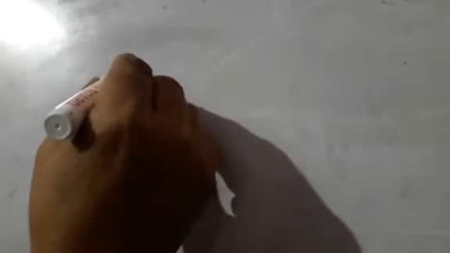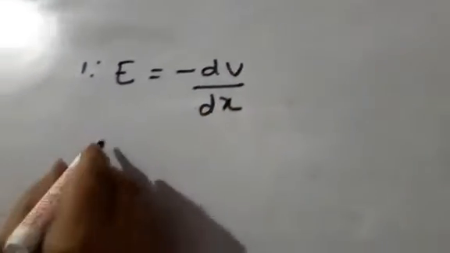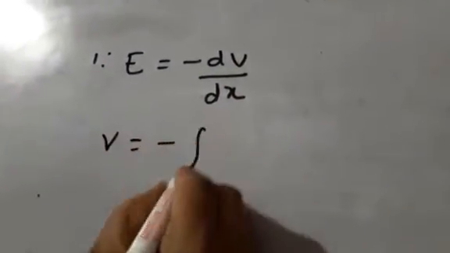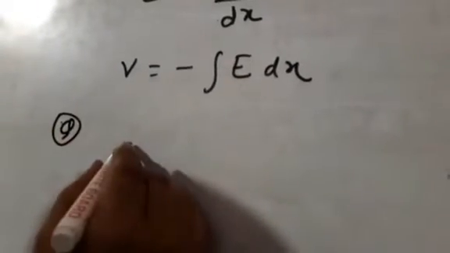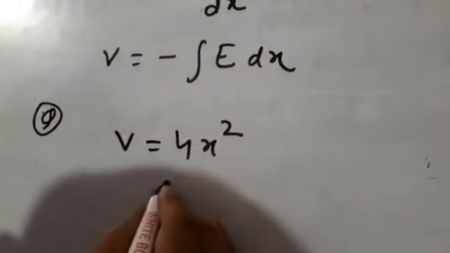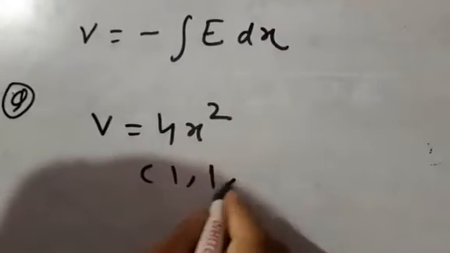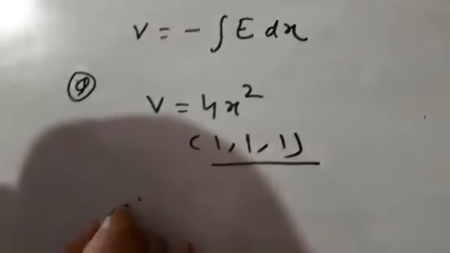Some other question is based on relation between intensity of electric field and potential. Since E equal to minus dV upon dx, that means V equal to minus integration E dx. For example, if in a question V equal to 4x square and we have to find intensity of electric field at point 1 1 1, so E equal to minus dV upon dx.